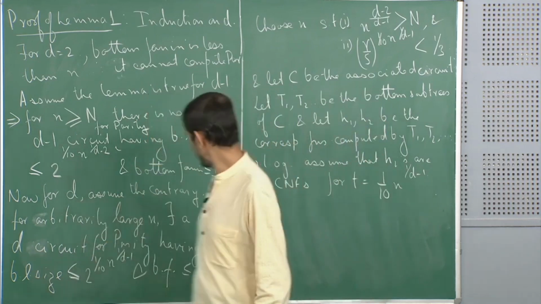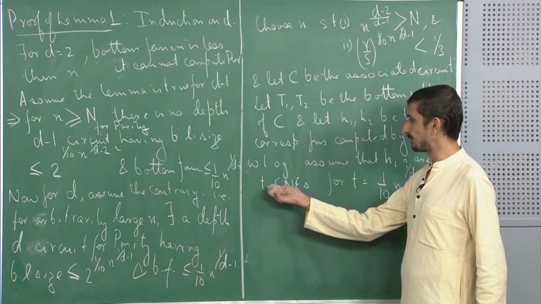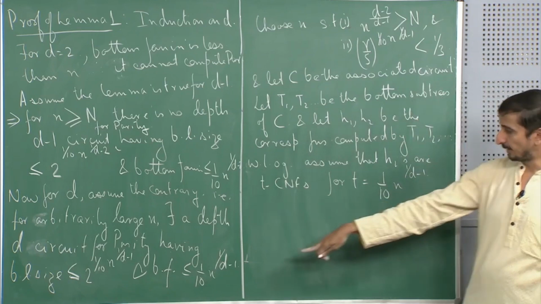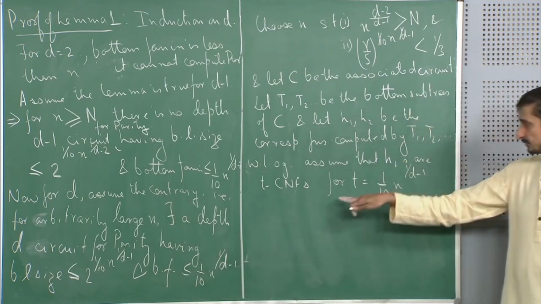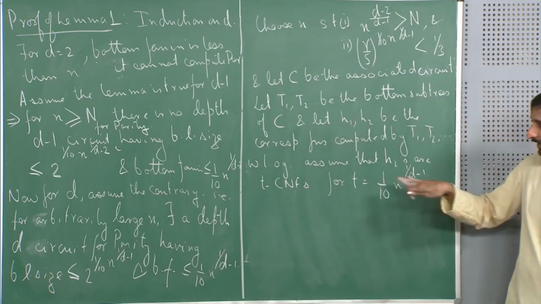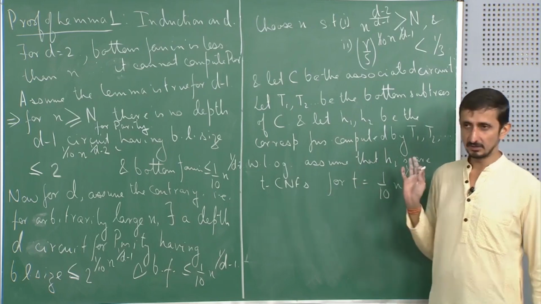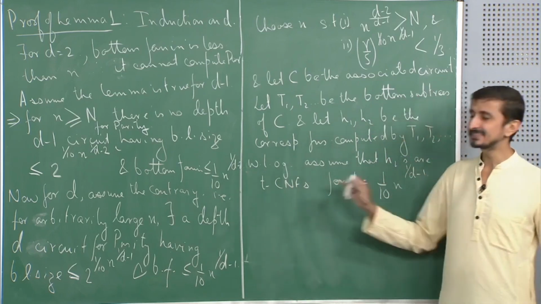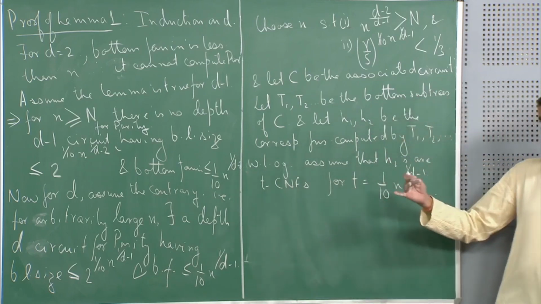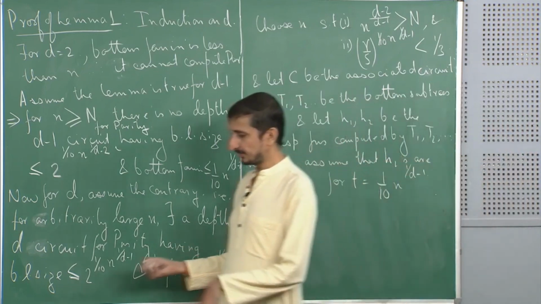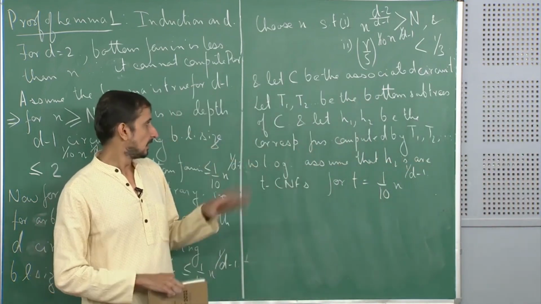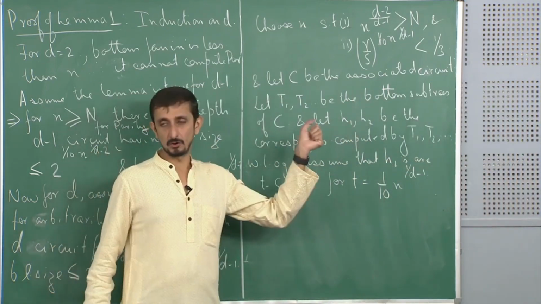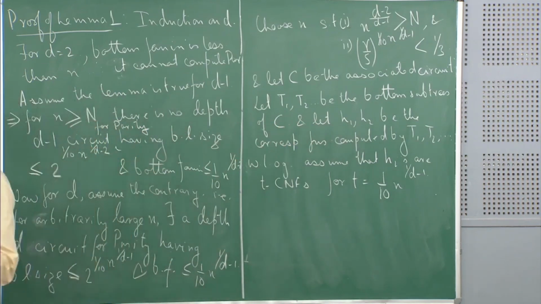The bottom fan-in being bounded by this actually comes from our assumption, so that is not a problem. I can choose t to be this quantity, and I do get that the bottom fan-in is now bounded by t. But why is this a CNF? Why not a DNF? Why is it that these functions are AND of ORs? Now that actually does not matter.